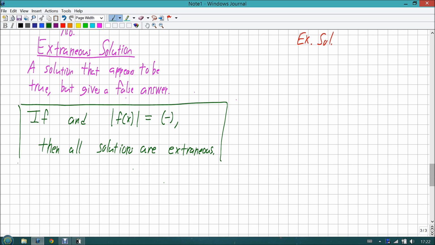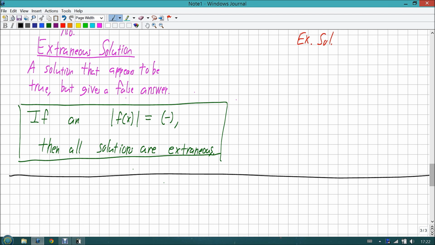If an absolute value of any function out there is set equal to a negative number, they're going to be extraneous. You can just stop right there and say, done, extraneous solutions. Keep that in mind as you do your homework.